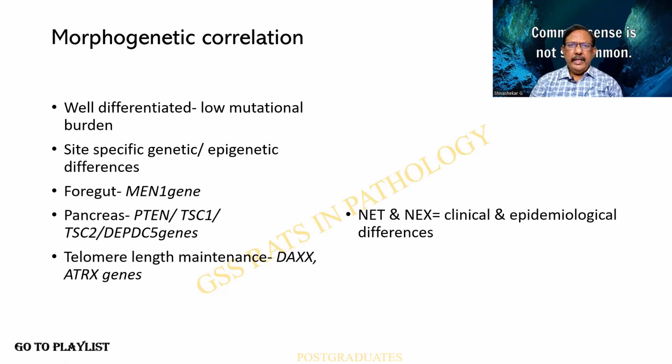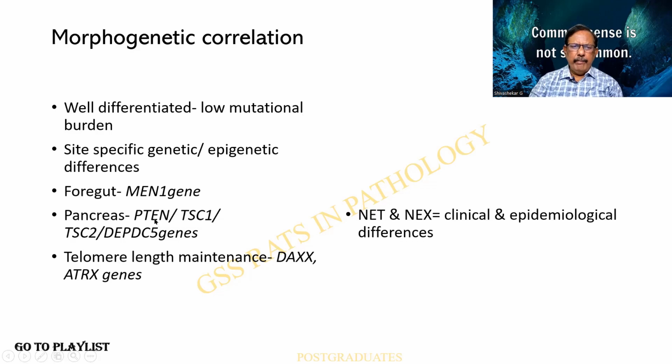For the morphogenetic correlation, this word I myself coined, you find that there can be well differentiated, low mutational burden. That means it is both morphologically as well as genetically of better significance. Site-specific genetic epigenetic differences. In the foregut, the MEN1 gene is important.